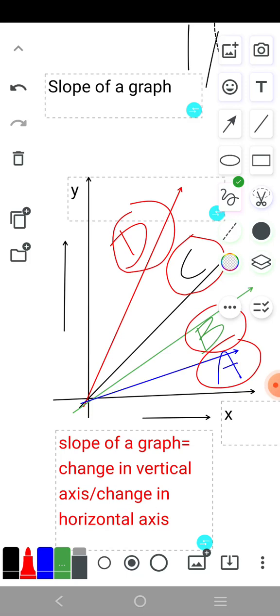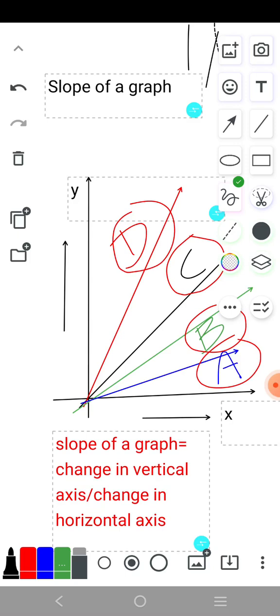Change in vertical axis divided by change in horizontal axis. Now you might be thinking, what is the vertical axis over here? Y. And what is the horizontal axis? X. So what is slope telling mathematically?